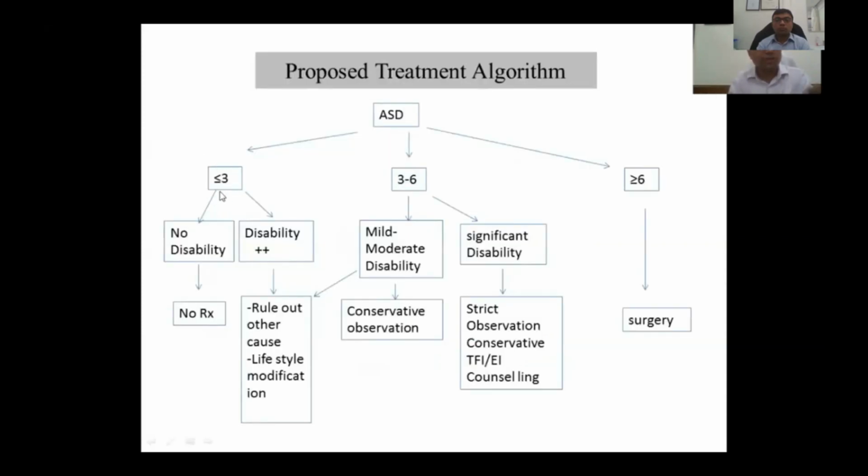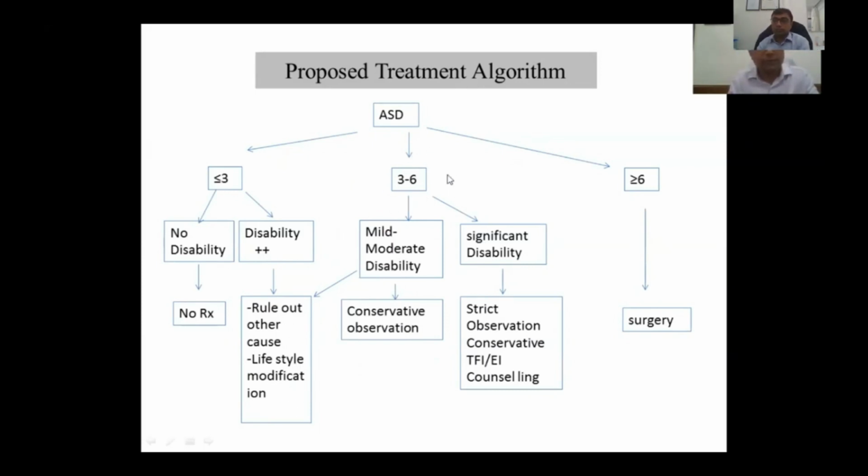A patient with a score less than 3 and no disability requires no specific treatment. But if the patient has a significant disability, rule out other causes for the disability, and this patient may require lifestyle modification. If the severity score is between 3 and 6 with mild to moderate disability, conservative treatment will be helpful, and lifestyle modification may be required.